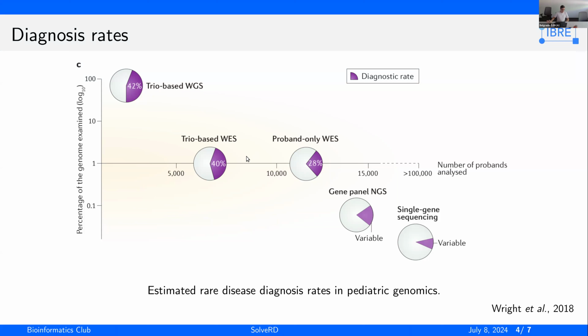So there were multiple problems with this identification of the definitive causal variants, and there have been quite a lot of discussions regarding which factors, in fact, drive these decreased diagnosis rates.